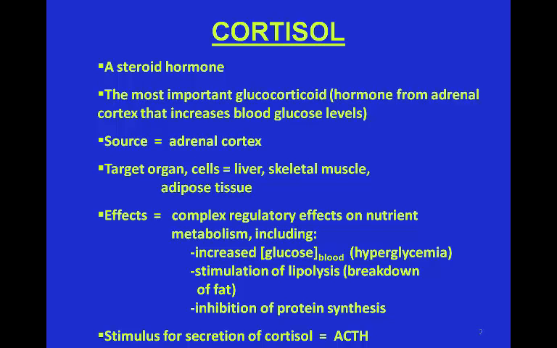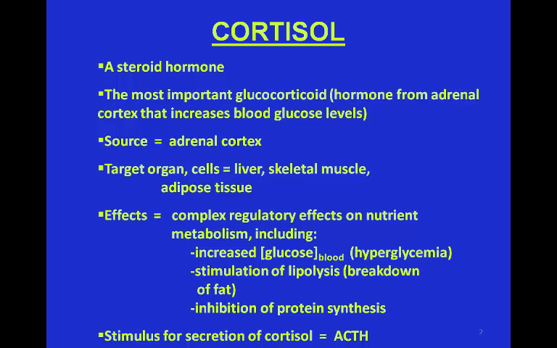The target organ or cells, meaning the regions where the cortisol works, are widely spread: liver, skeletal muscle, adipose tissue, to name a few. The effects of cortisol are very complex. They include regulatory effects on nutrient metabolism. Cortisol affects the metabolism of all three classes of nutrients: carbohydrates, lipids or fats, and proteins.